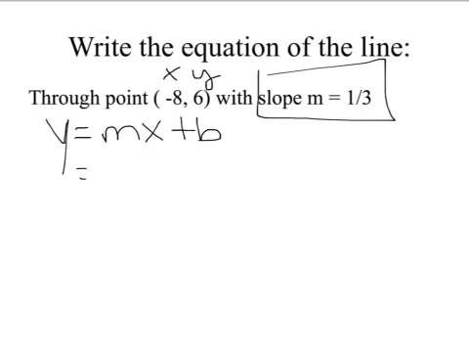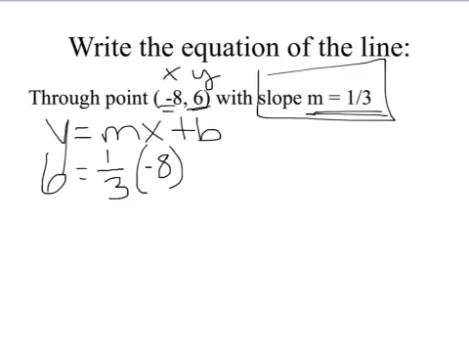So if my y is 6, I'm going to put it here. My m is my slope, it's 1/3. My x is -8 plus b.